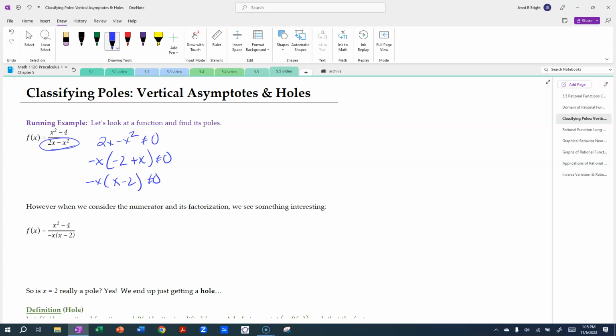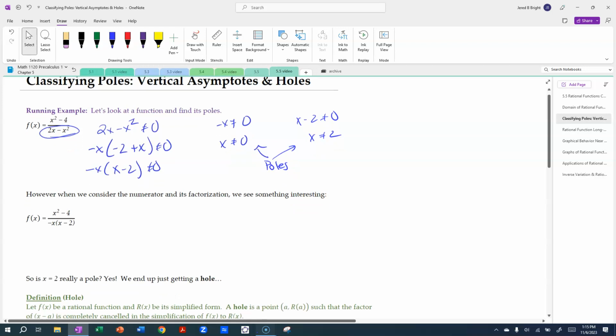You'll see why later on. But I'm choosing to write it like this, and then from this I can see that negative x can't be 0, or x minus 2 can't be 0. And so I'm finding the poles. So x cannot be 0, x can't be 2. So I'm going to say these are the location of the poles. So there's a pole at 0, there's a pole at 2.